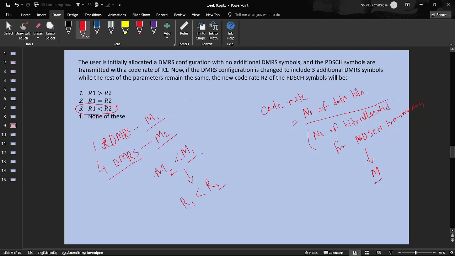When we reserve certain symbols for DMRS, the number of bits reduces compared to earlier. So the actual information bits remain the same, but now I have fewer bits to transmit them. So essentially my code rate increases, right?